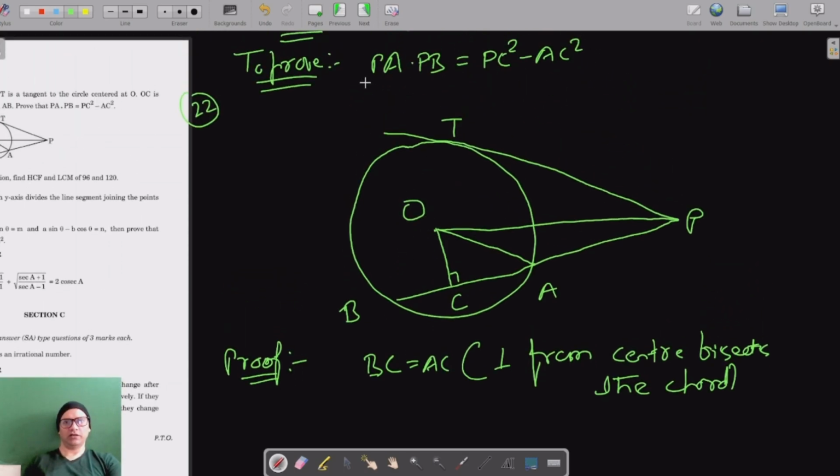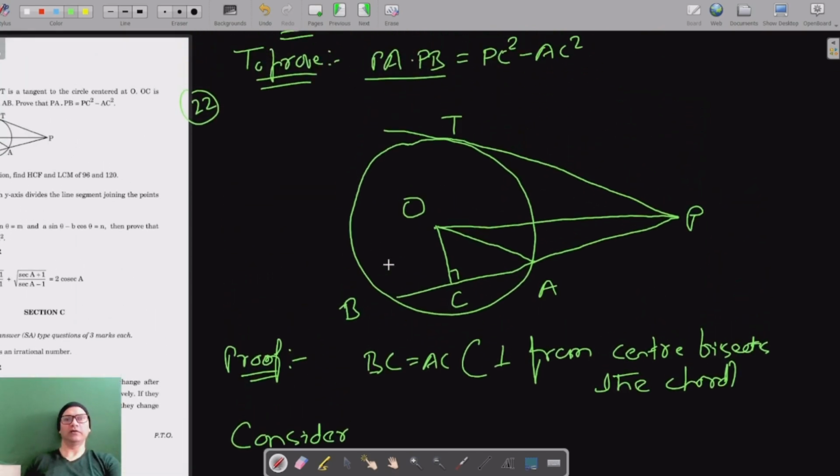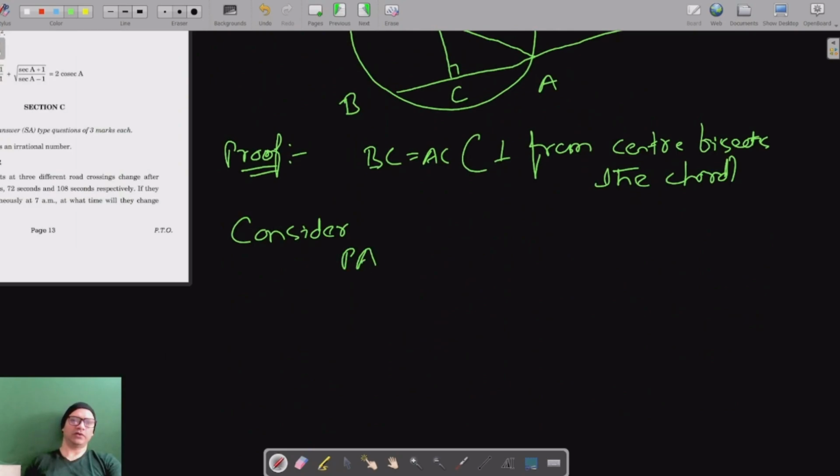Now let's consider the left hand side. So left hand side is PA into PB.